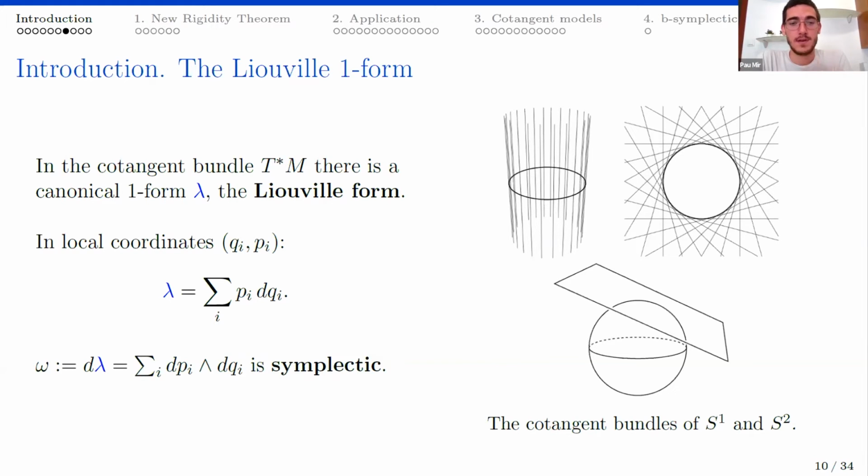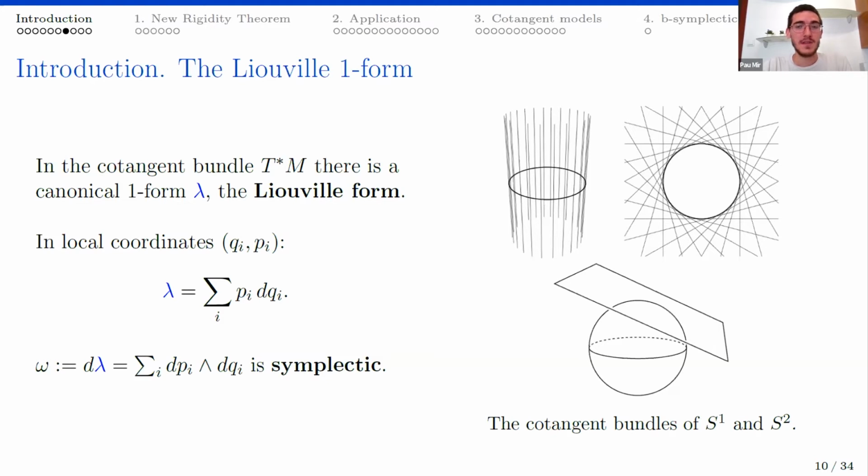And the nice property it has is that its differential is the symplectic form on the cotangent bundle. So every cotangent bundle is a symplectic manifold, since you can always find a symplectic form there, which is the differential of the Liouville one-form that you always have there.